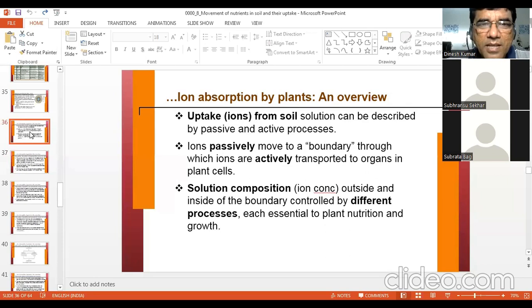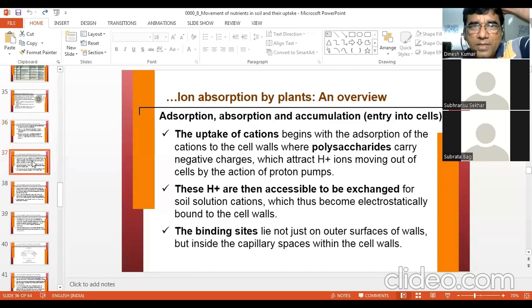Now let us deal with the absorption and accumulation. These three actions are very important in the entry into the cell. How are these ions going to enter into the cells?